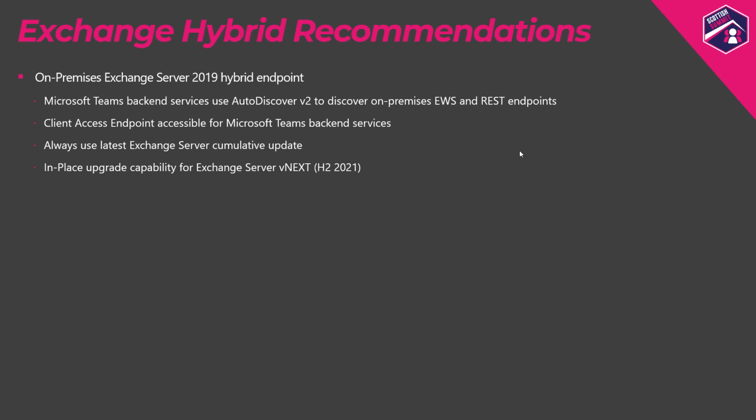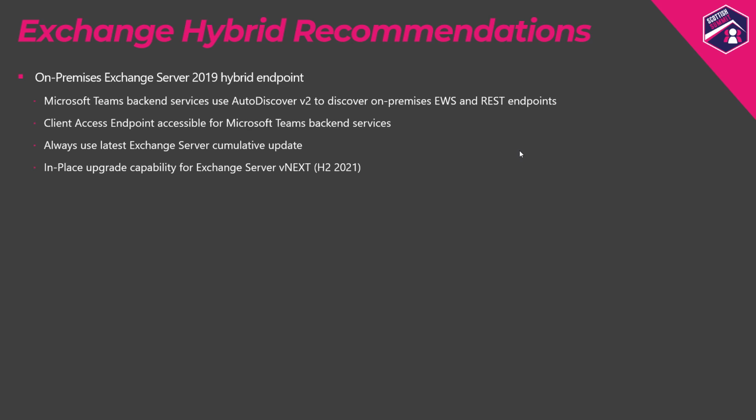So the most modern protocols are supported by Exchange Server 2019 and 2016, which I will come to in a minute. And you need to ensure that your client access endpoints are accessible for the Teams backend services and for Exchange Online.